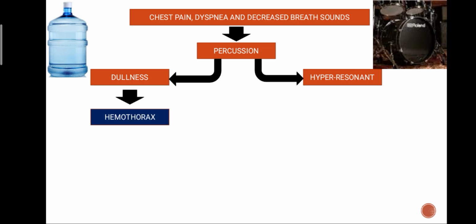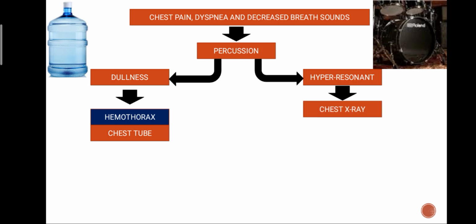When there is dullness, the most probable diagnosis could be hemothorax, that is, there is blood inside the pleura. So when you tap the thorax, you hear this dull sound because of the fluid, the blood. To treat this, you just put in a chest tube and drain the blood.